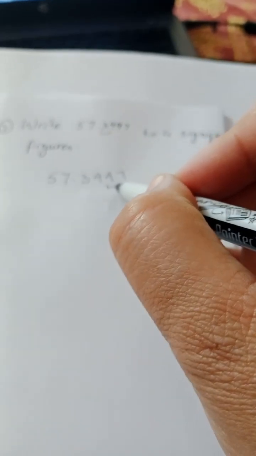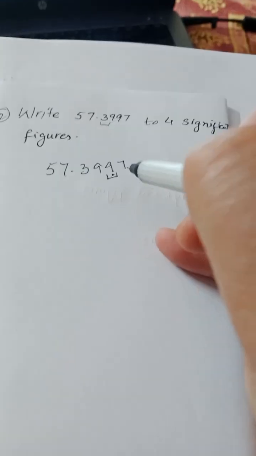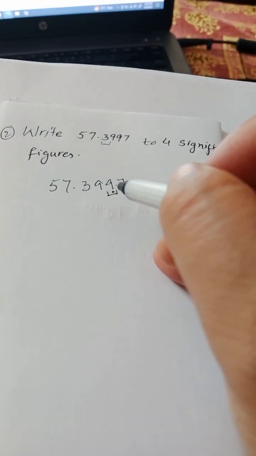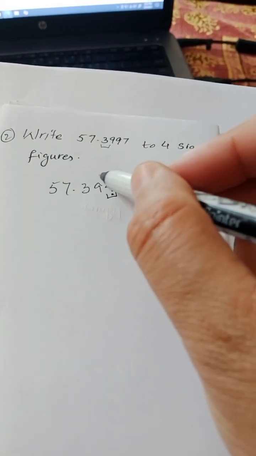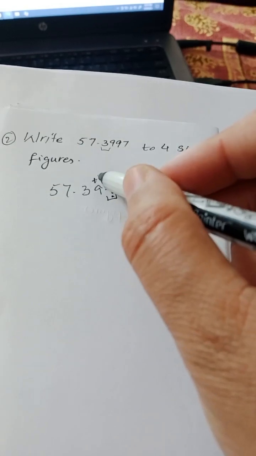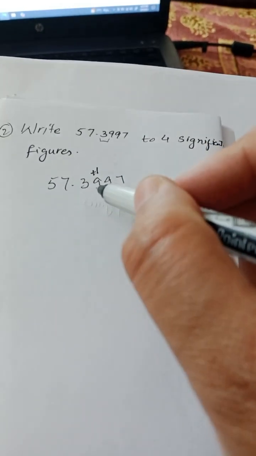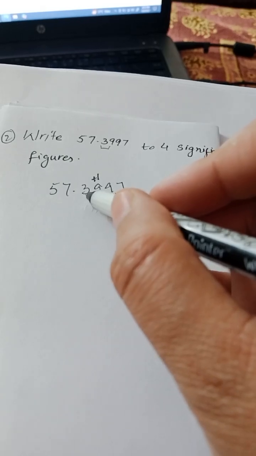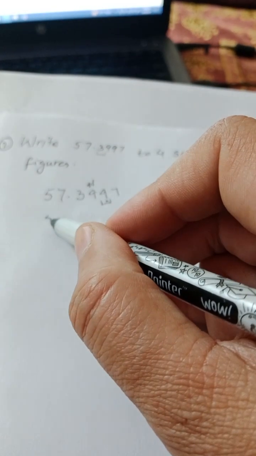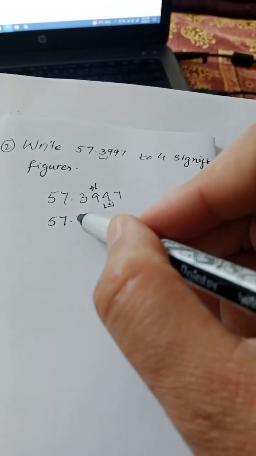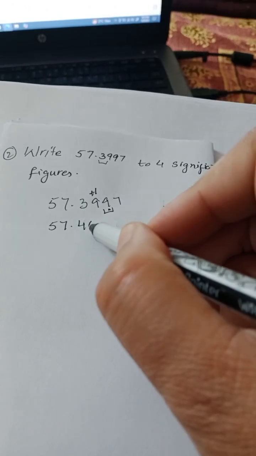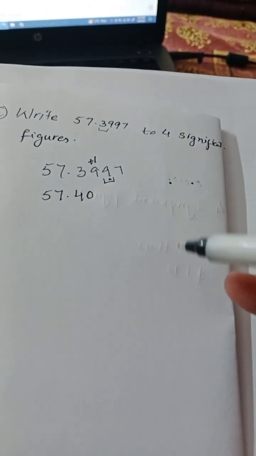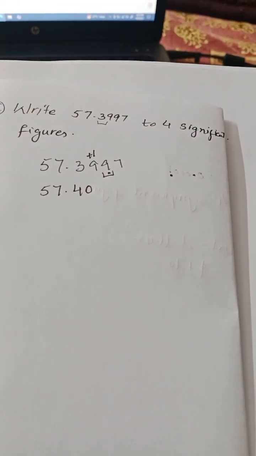The third decimal digit is 9, that is greater than 5. So we will add 1 to the previous digit, the second decimal place. So it will become 40. So the rounded figure will be 57.40 up to four significant digits.